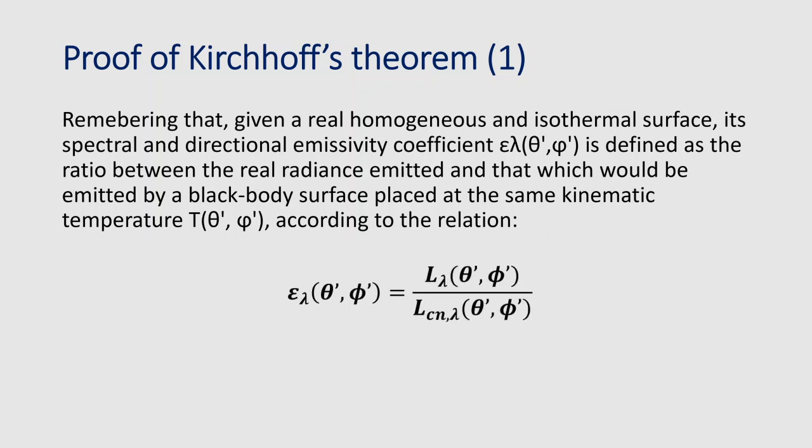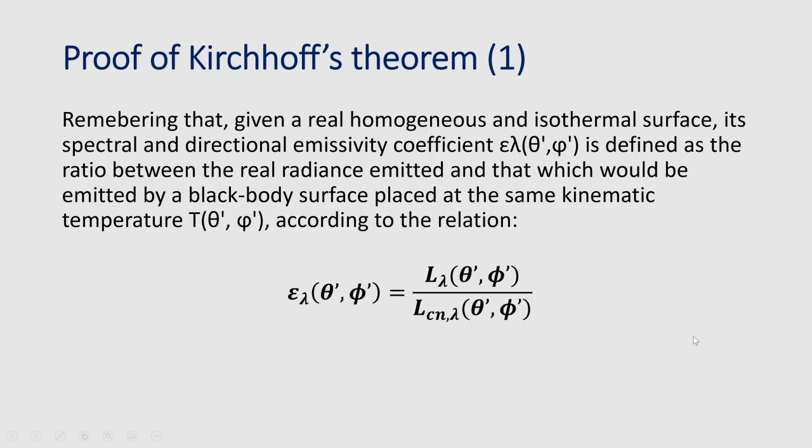You remember, when we introduced the emission coefficients, again ranging in the wavelengths, we mentioned the fact that we can represent the emission coefficient as the ratio between the radiance of the real surface that we are considering, divided by the radiance of what a black body can emit in the same range of wavelengths.